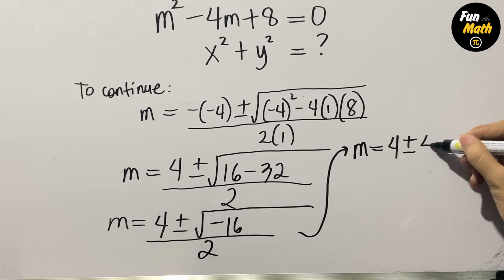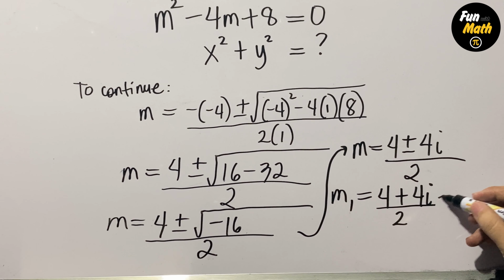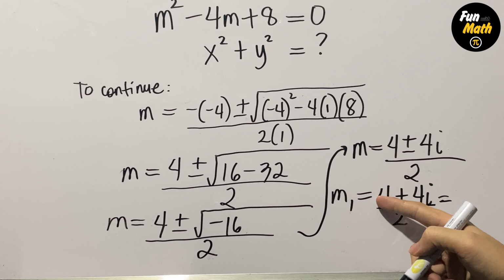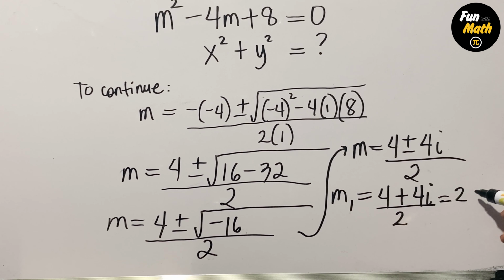First, for the m1, that is equals 4 plus 4i over 2. This is equal to 4 divided by 2, that is 2, plus 4i divided by 2, that is 2i. So for m1, that is equal to 2 plus 2i.